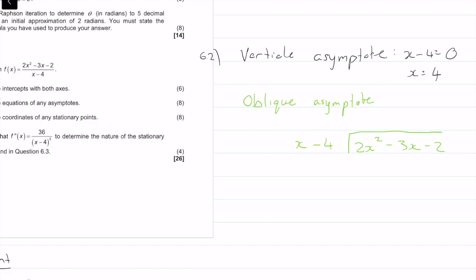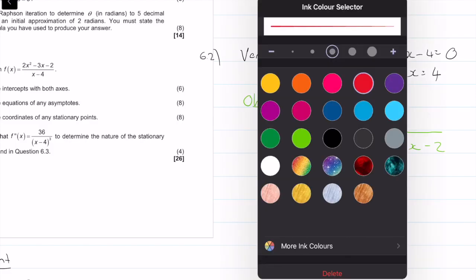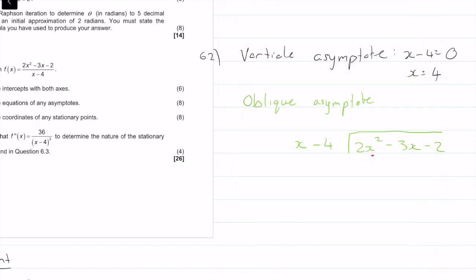Then we want to figure out what we need to multiply to this expression to get 2x squared out of it. So we need to multiply by 2x.